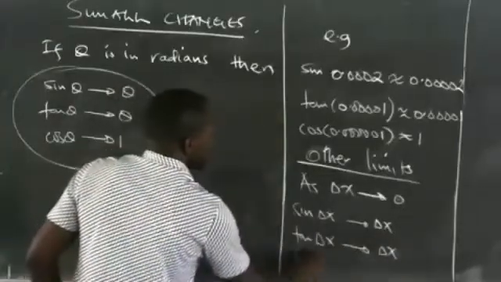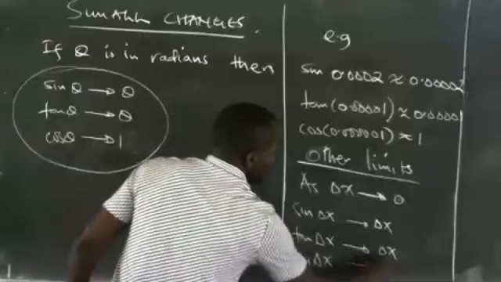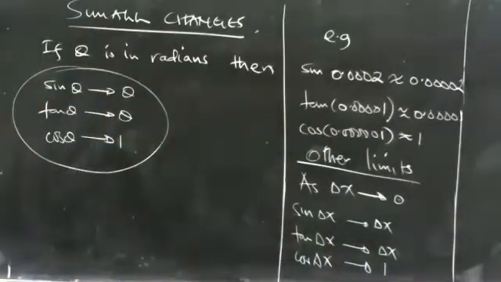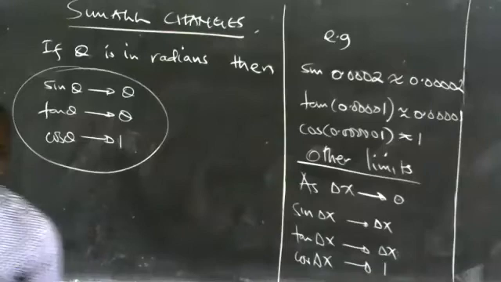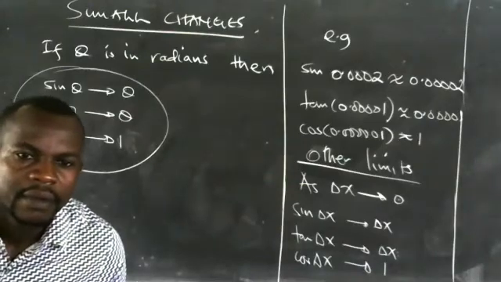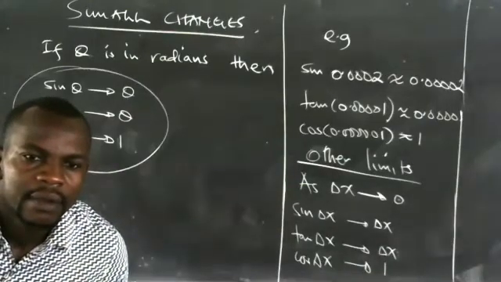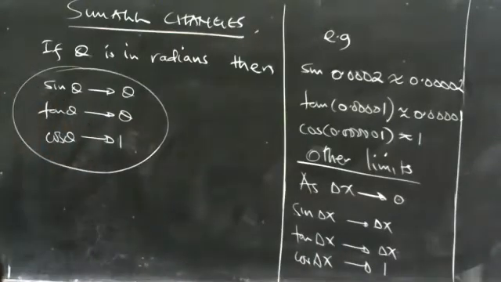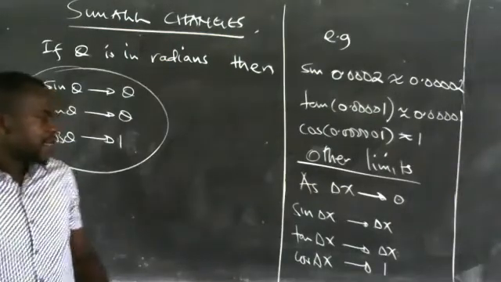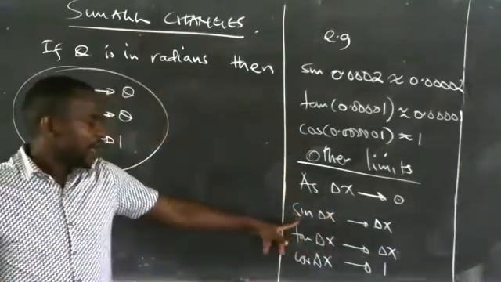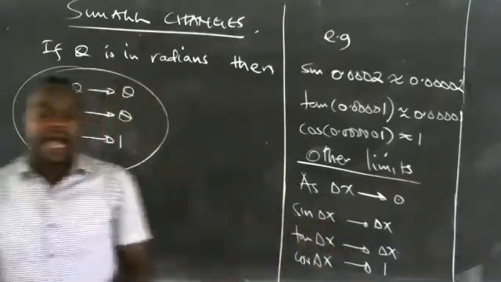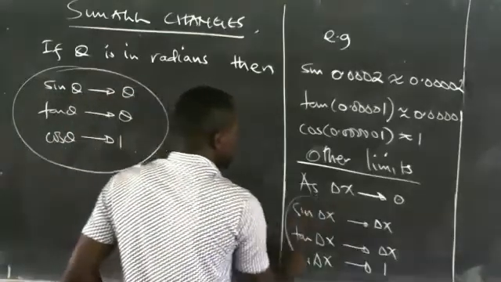But for a cosine, it gives you 1. You write that as well. We have other limits, and say as change in x tends to 0 here, the sine of the angle will give you that. Again, this is very important for you to know.